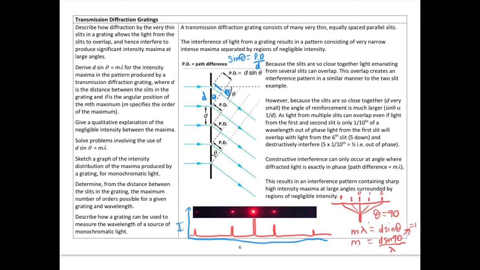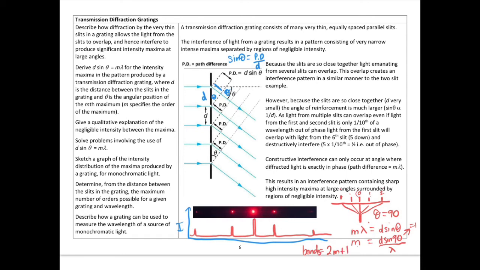That'll tell you the maximum value of m. Now remember, the number of bands that you'll see will be equal to 2m, because you'll see one on this side and one on this side, and 2 on this side and 2 on this side, and so on. So there'll be 2m plus you'll see the 0 one in the middle.